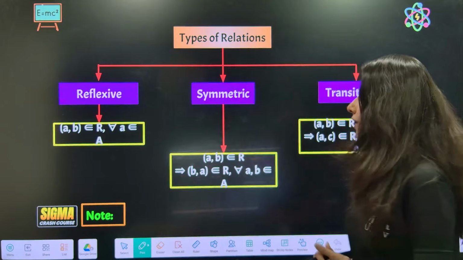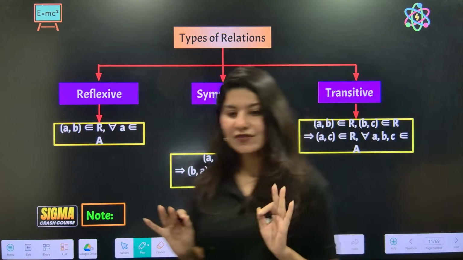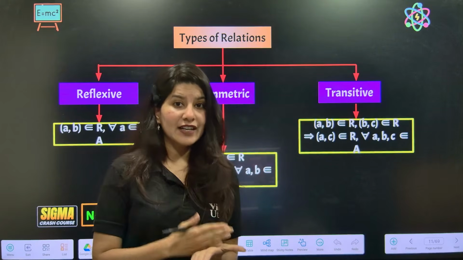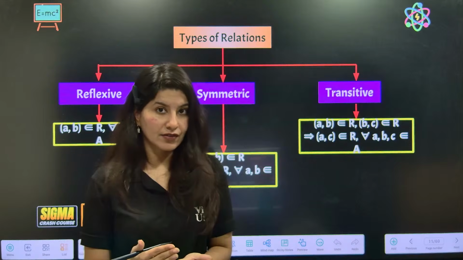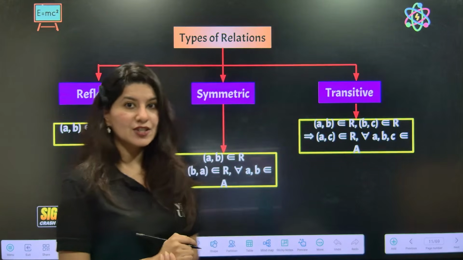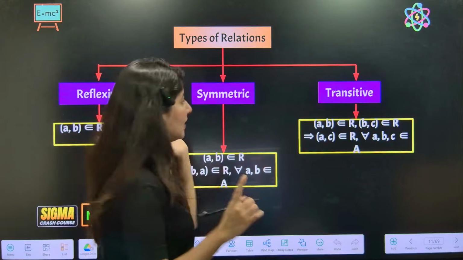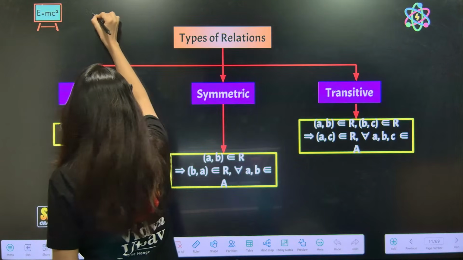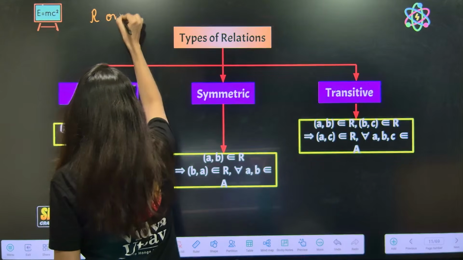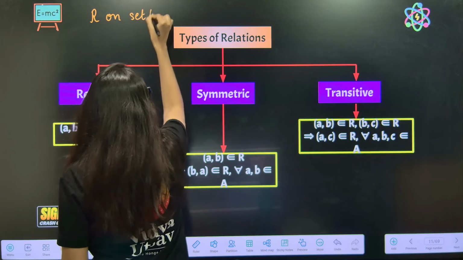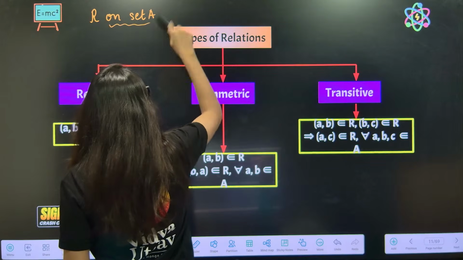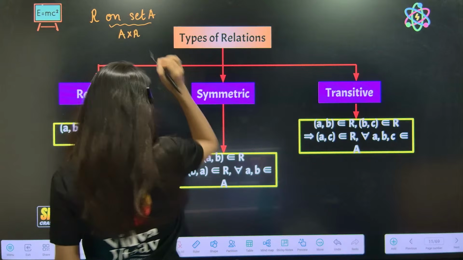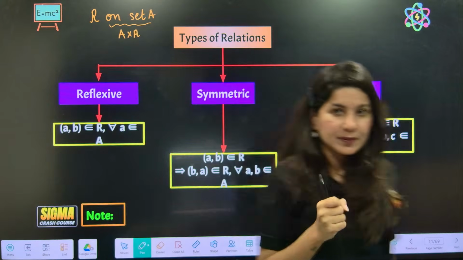Now, three types of relations are very important for your JEE Main examination: reflexive, symmetric and transitive. What is a reflexive relation? First, understand one definition: a relation defined on set A. On set A means that A cross A is the cross product.